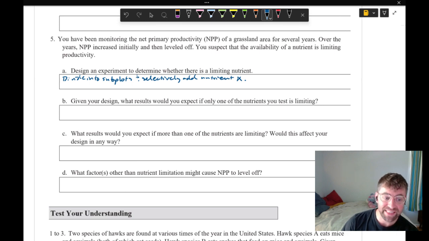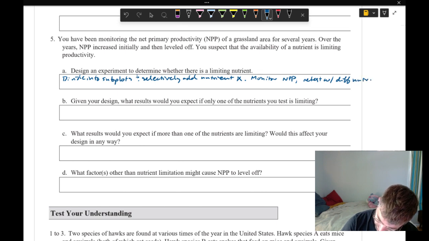And if the nutrient is limiting, you should find higher NPPs, right? On treated plots than on untreated plots. And you can repeat this experiment with any number of different nutrients. Retest with different nutrients.